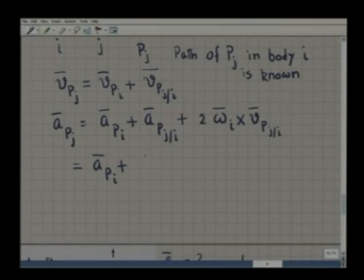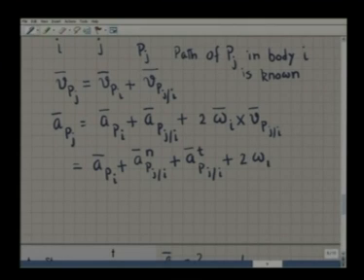The normal component I write APji, say the normal component n, plus acceleration Pji, the tangential component which is tangent to the path, and normal component is normal to the path, plus a Coriolis, which I write twice omega i cross Vpji.